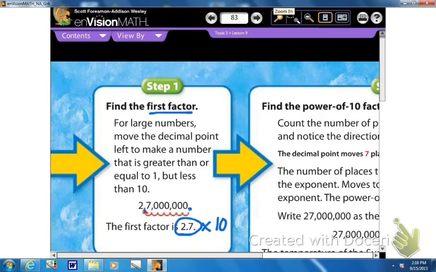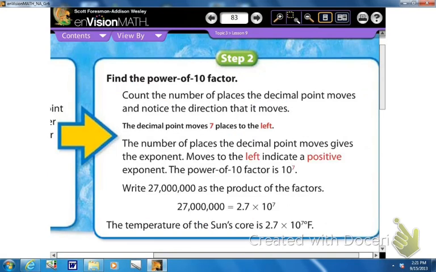So you move the decimal, making it 2.7, and we have to know how many times you moved the decimal. So if you look, there's 1, 2, 3, 4, 5, 6, 7 jumps there that the decimal moved to the left. Okay, so in step 1 we found the first factor, 2.7, and the next step was to count the number of places that the decimal point moves, and you need to know the number of places and the direction.